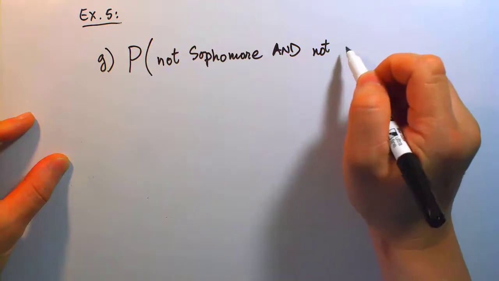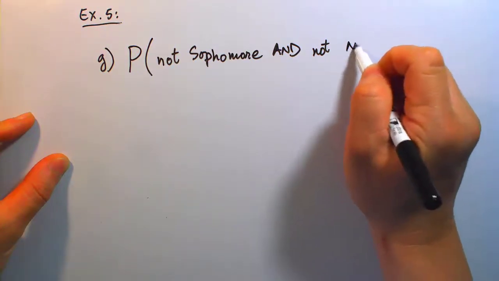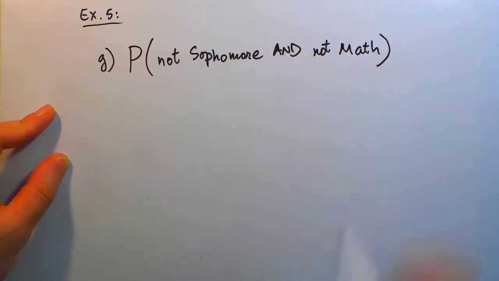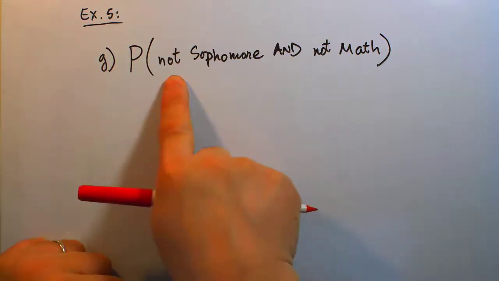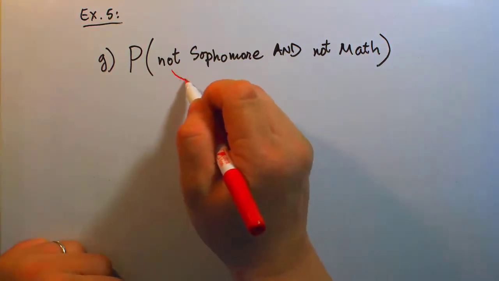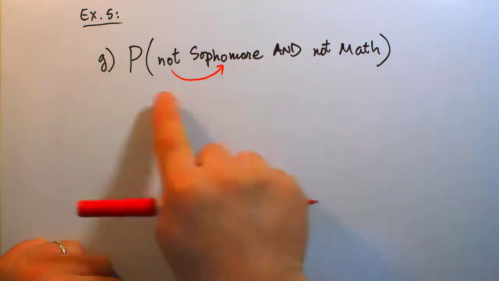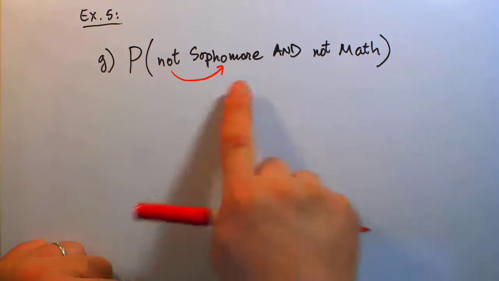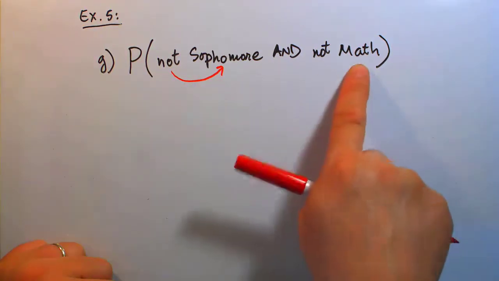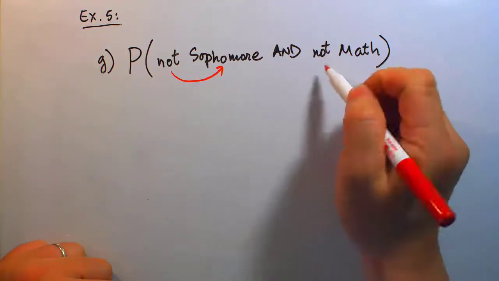Or how about, I've done engineer too often, so how about not math? Once again, this negation is only attached to sophomore. So sophomore is being negated by that negation symbol right here. But this negation has nothing to do with math. Math is being negated by this not.